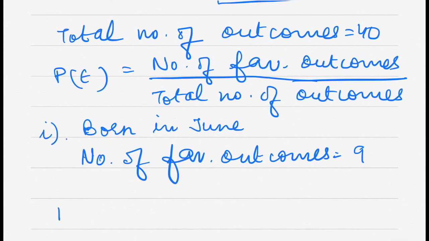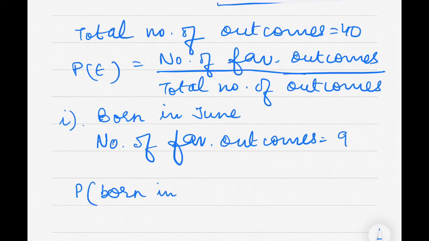So I can write down the probability of getting a student who is born in June, that is equal to 9 by 40. Right, so that will be my answer.